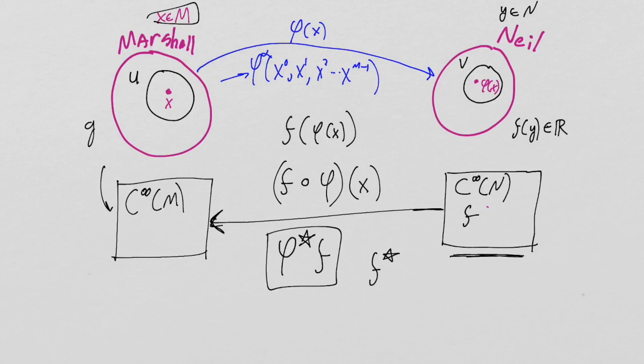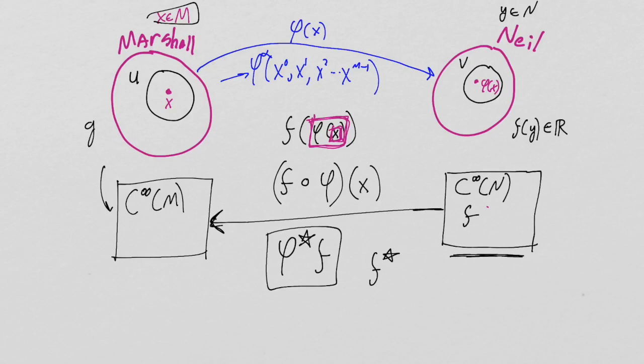The problem is that the domain of f, you have to remember that this outer one lives in Neal. This thing here lives in Marshall. So you've got to dig through it to figure out the domain of things.